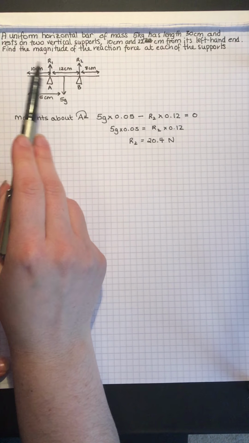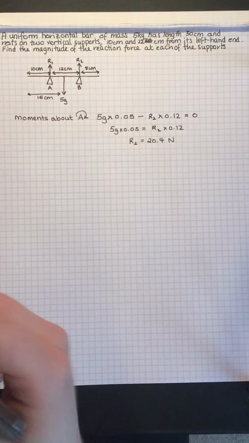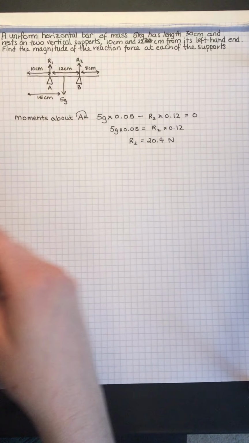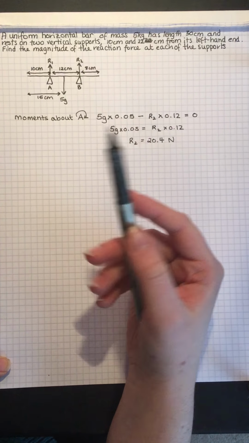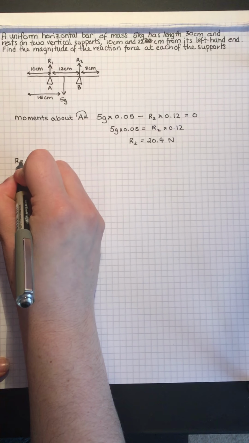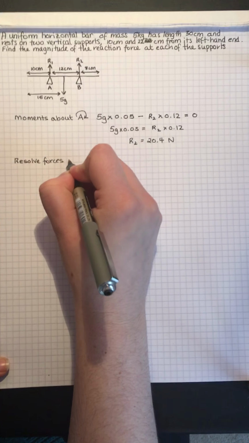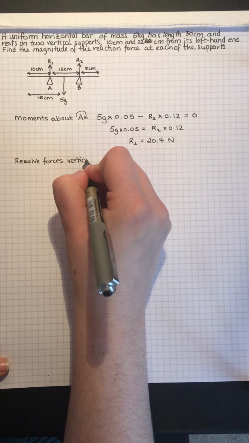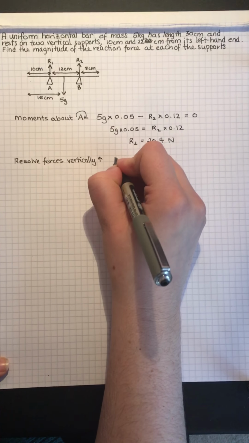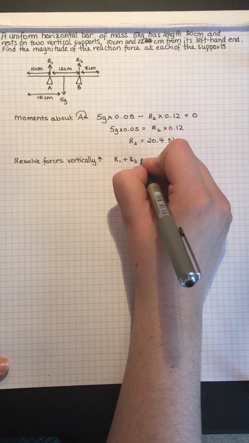Right, now to find out what R1 is, I could swap over to B and take moments about that, but it's actually even easier than that. This is a situation in equilibrium. We know that the resultant force in any direction is going to be 0, so we can just resolve forces vertically. And we know that R1 plus R2 should equal 5g.